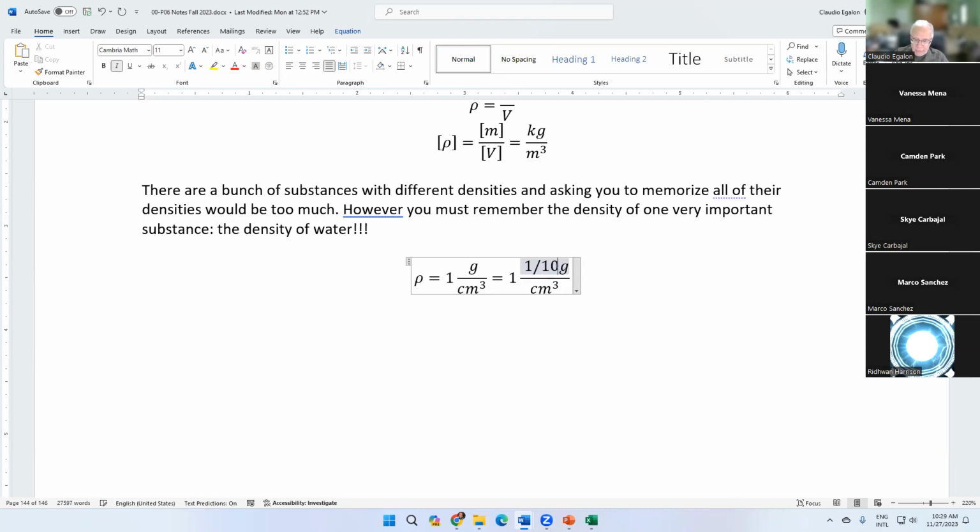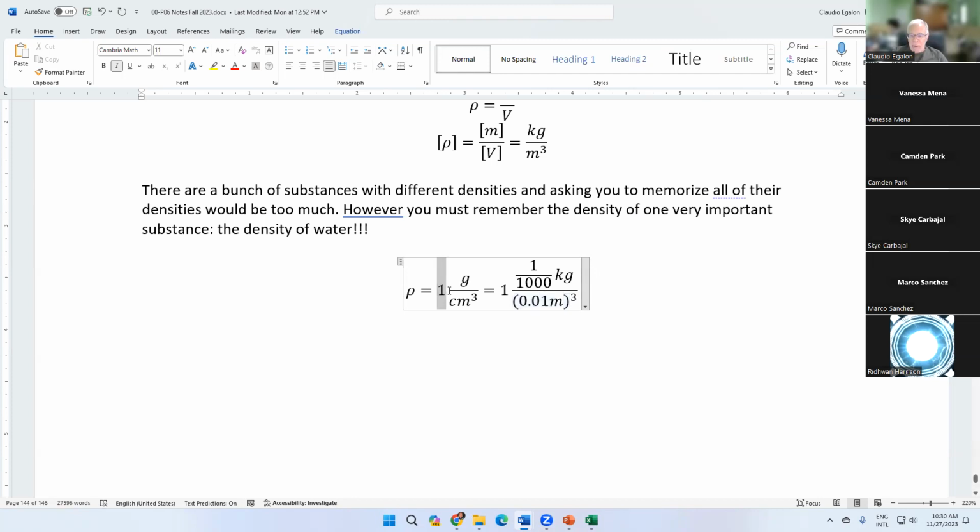It is 1 divided by 1,000 kilograms. And 1 centimeter is what? 1 centimeter is 0.01 meter, right?